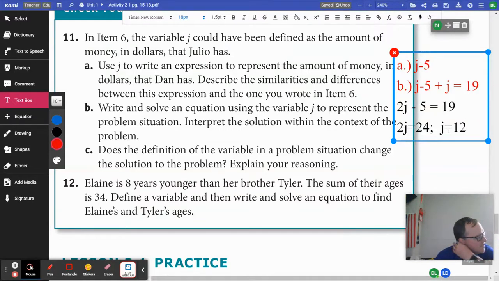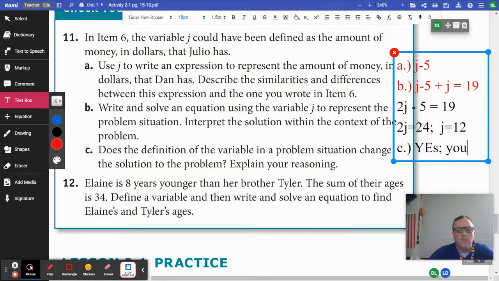And it says, does the definition of the variable in the problem situation change the solution of the problem? Well, yes, it does.